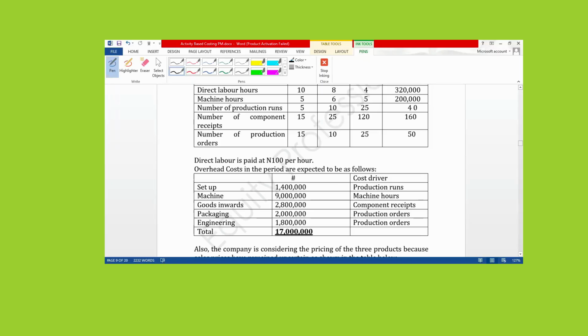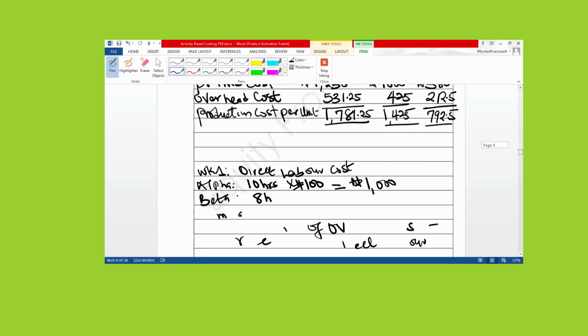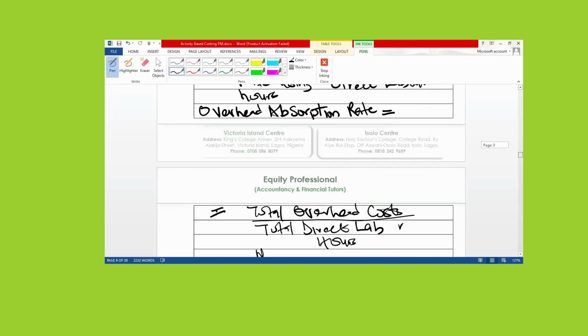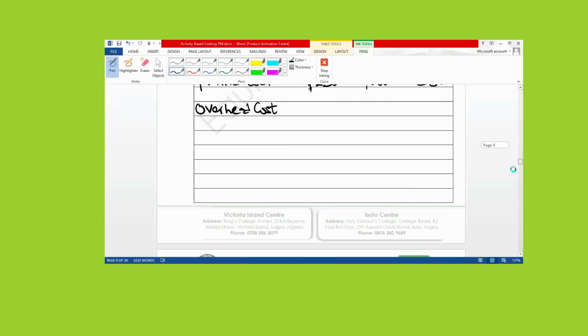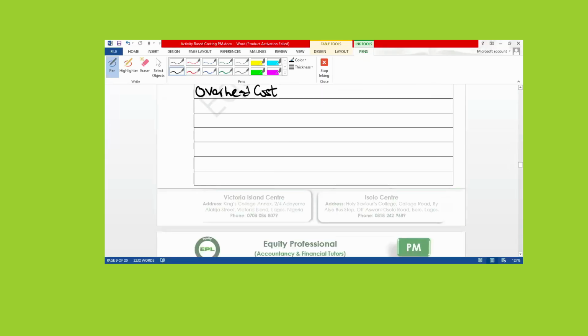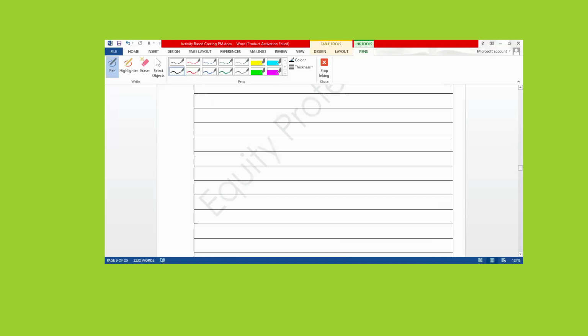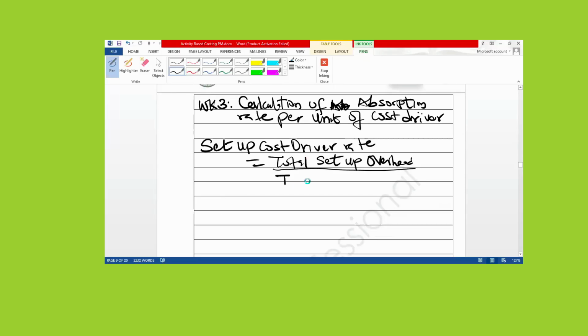Total production runs. So I'll calculate total overhead for setup, 1,400,000, divided by total production runs, 40. Please divide. What do we have?